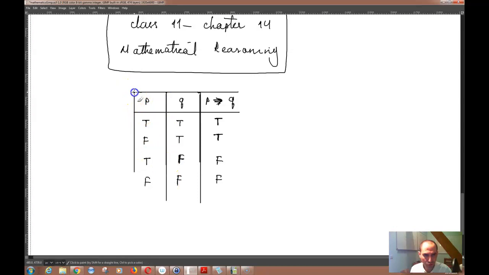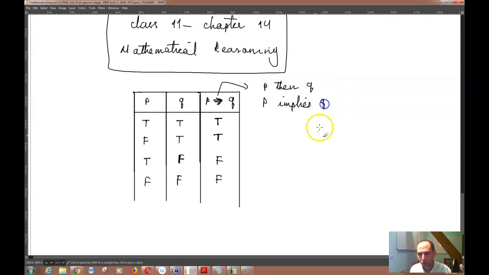Now, this is the truth table related to P then Q, and you read this as P then Q, or P implies Q, right?